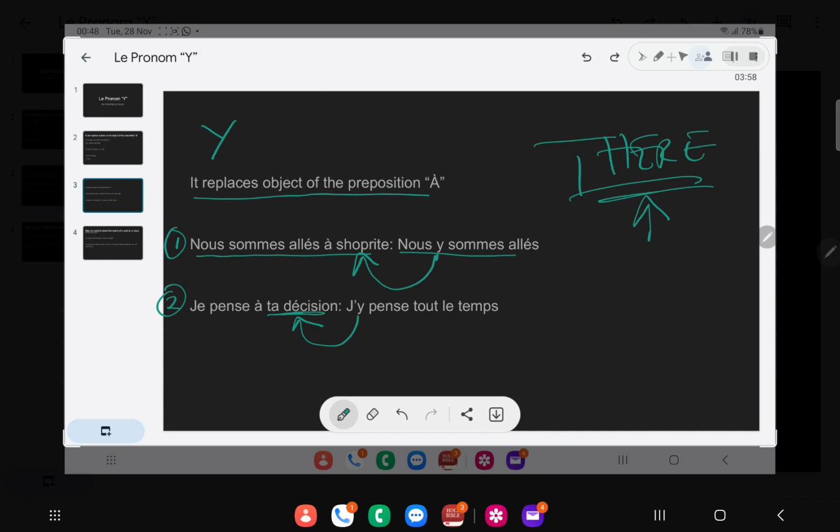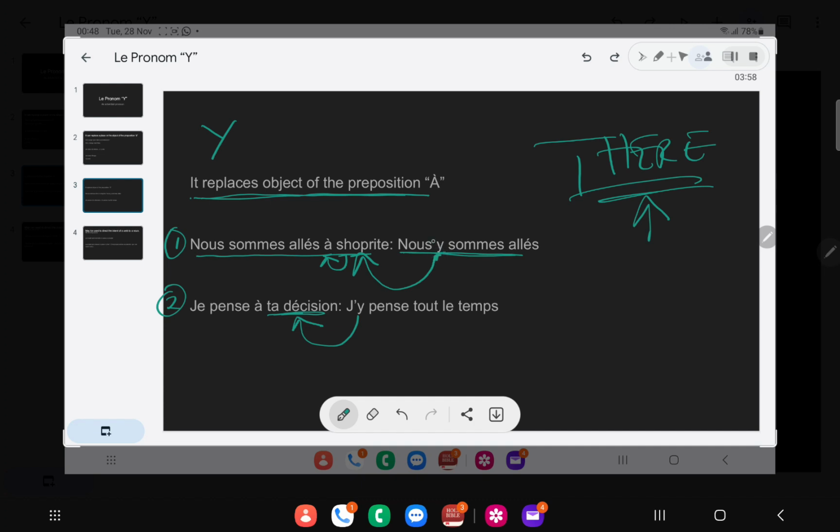So let's go back to the definition. It replaces the object of the preposition à. So see the à here. The object of this preposition is ShopRite because nous sommes allés à ShopRite. Nous sommes allés à où? At where? ShopRite. And as we said here, it replaces the object of the preposition à, which it does excellently well here. Nous y sommes allés.